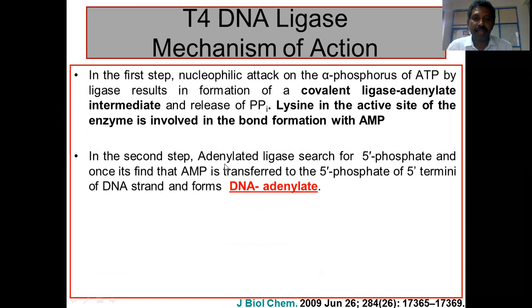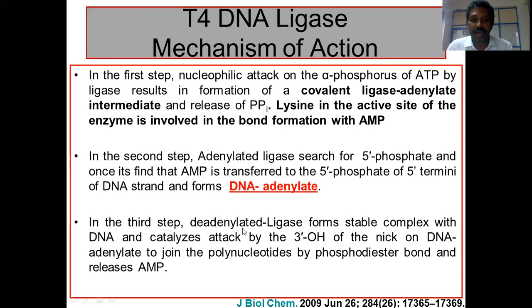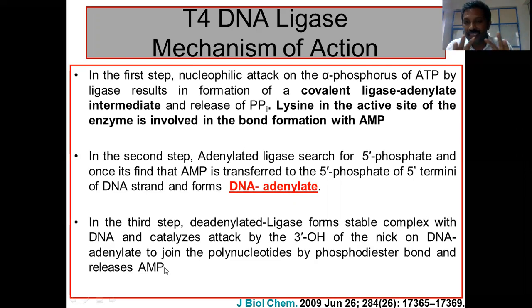In the second step, adenylated ligase searches for a 5' phosphate, and once it finds it, AMP is transferred to the 5' phosphate of the 5' termini of the DNA strand and forms DNA adenylate. In the third step, deadenylated ligase forms a stable complex with the DNA and catalyzes attack by the 3' OH of the nick on DNA adenylate to join the polynucleotides by phosphodiester bond, and releases AMP. These statements I'll explain with my own diagram in the next slide.